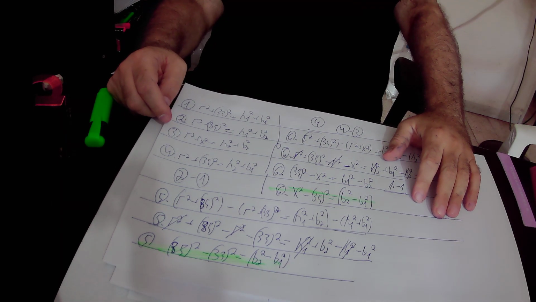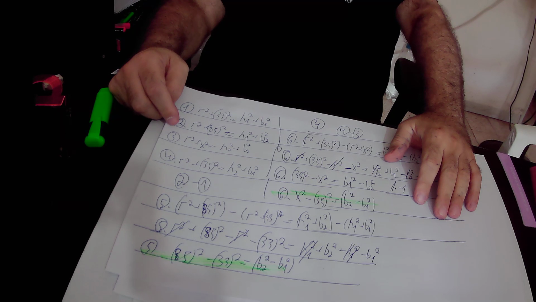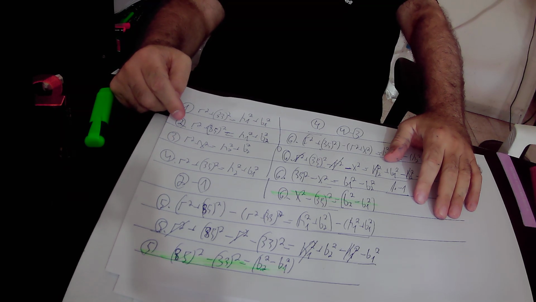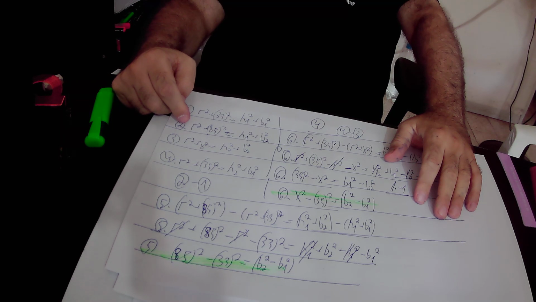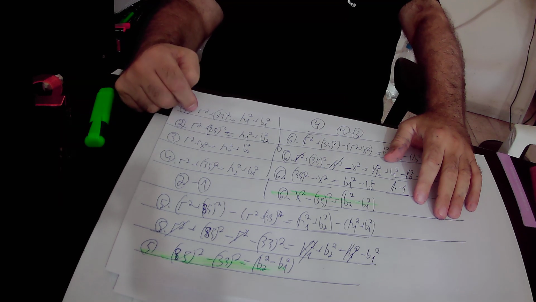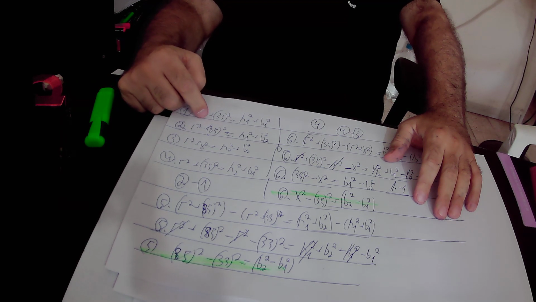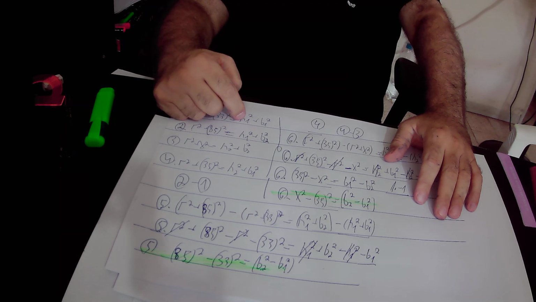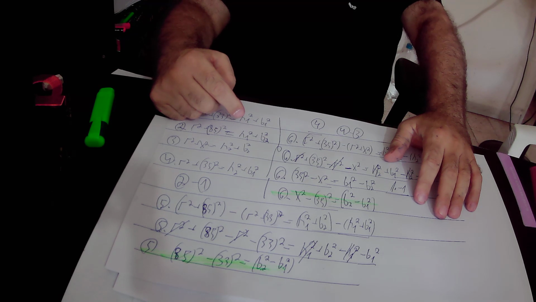Then we subtracted equation number 1 from equation number 2. So here we have r square plus 85 square minus r square plus 33 square equals h1 square plus b2 square plus h1 square plus b1 square.